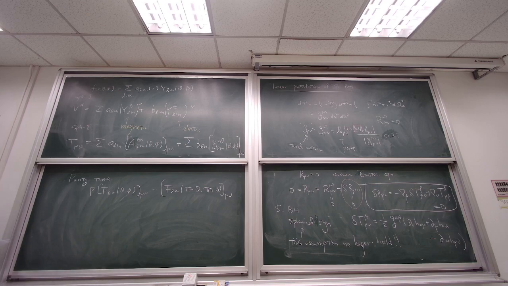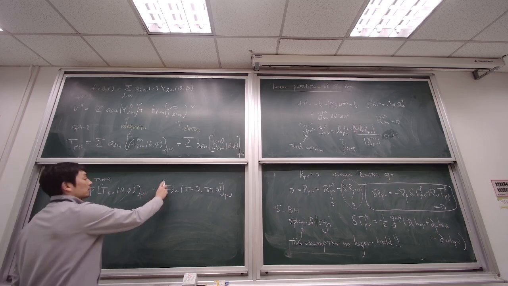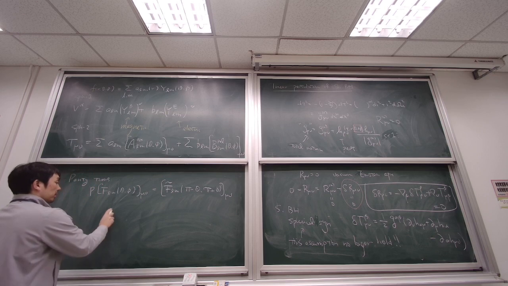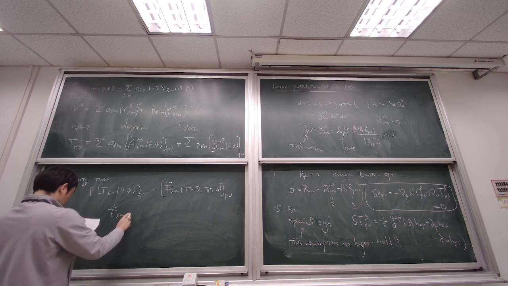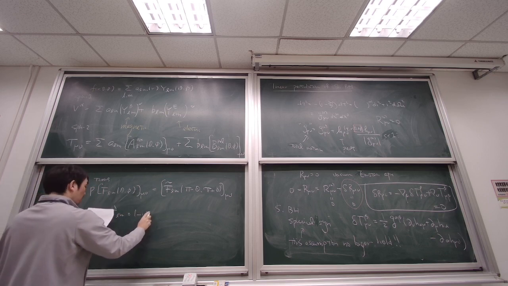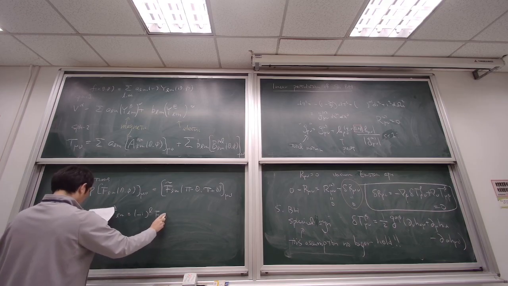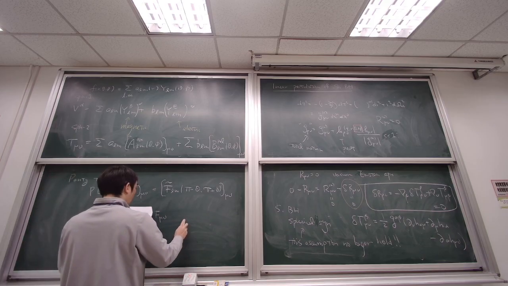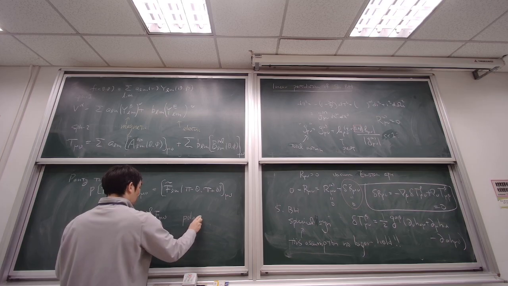F tilde_LM is just (-1)^L F_LM. Then this is called polar, spherical, or even.